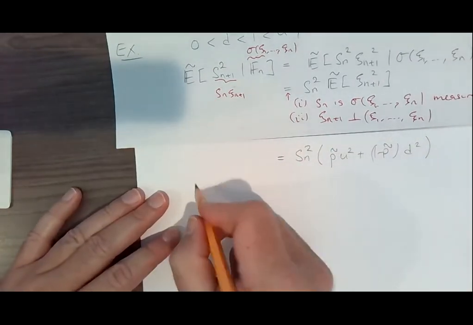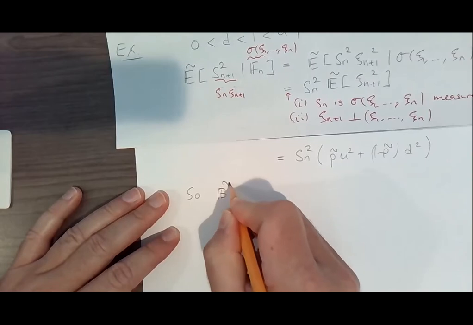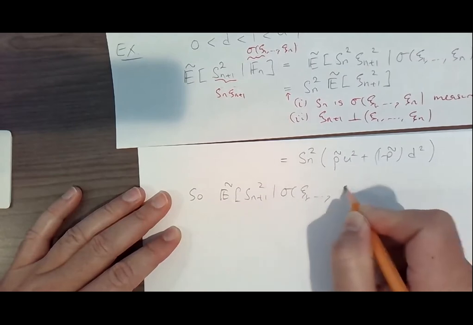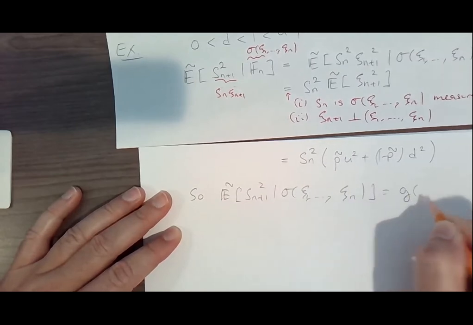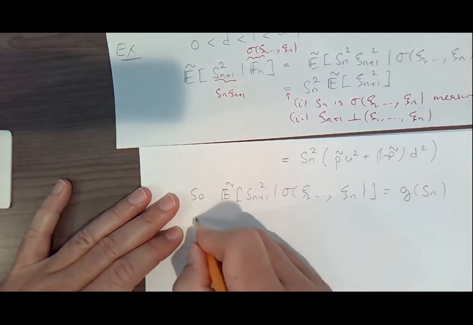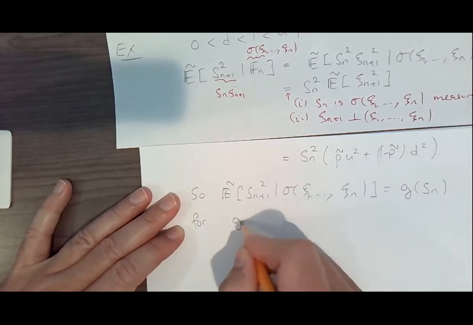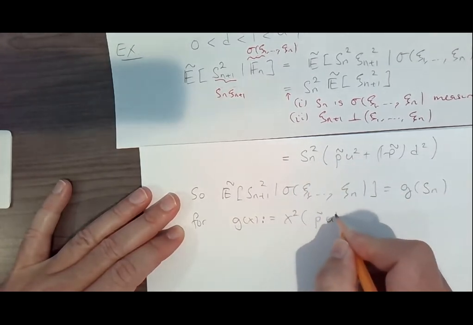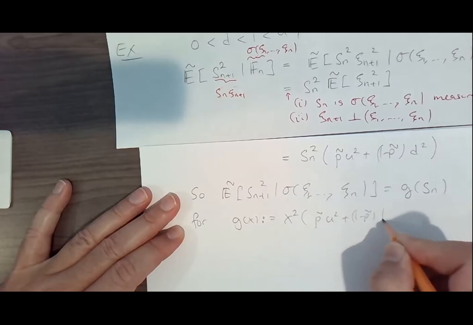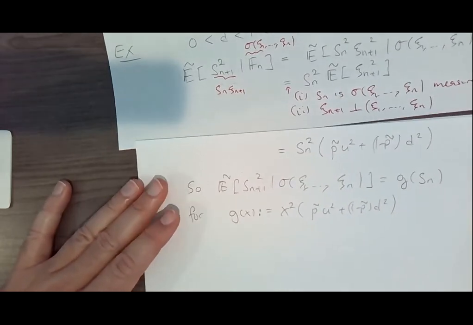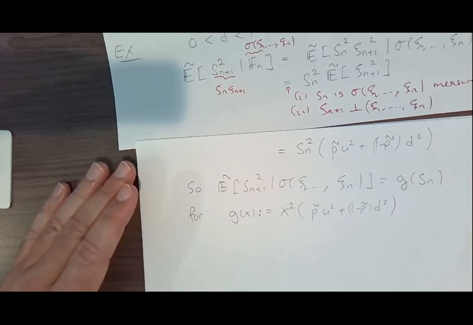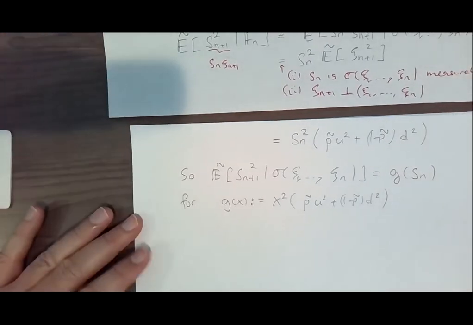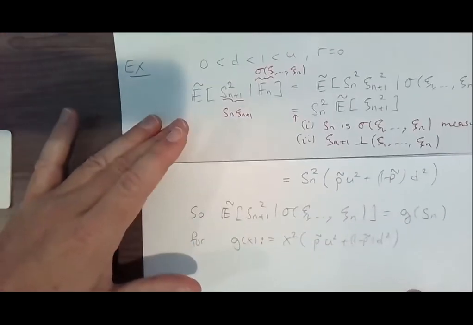So our function, E tilde of Sn plus 1 squared given that sigma algebra, is G of Sn, for G of x simply being x squared times P tilde U squared plus 1 minus P tilde D squared. Any questions about this part?